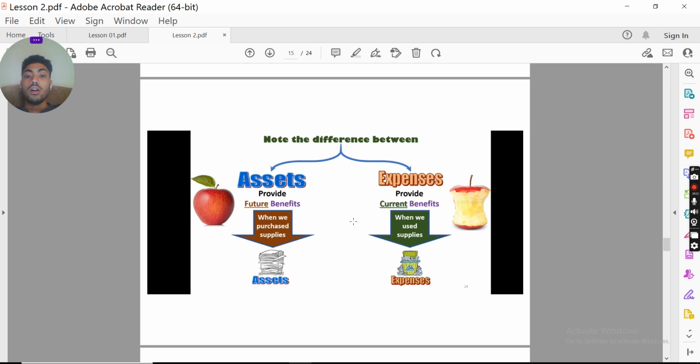Okay, I give you here another example about papers. How can an asset turn into an expense? For example, let's suppose that we bought that car and we used it until no maintenance can be done.